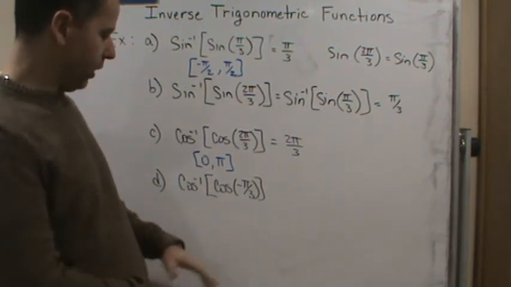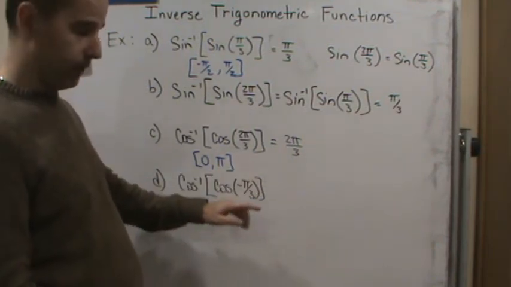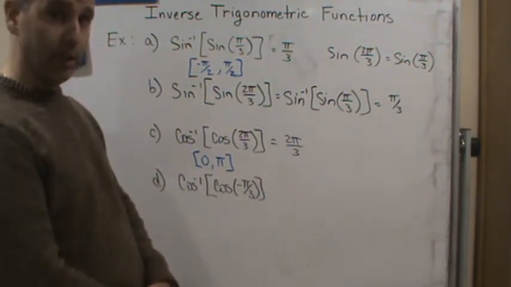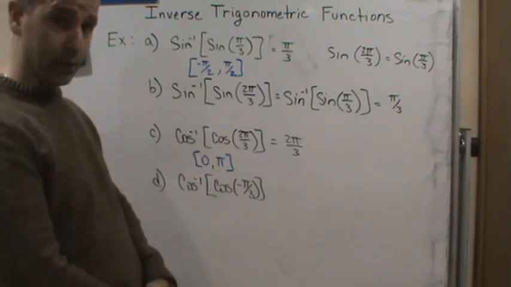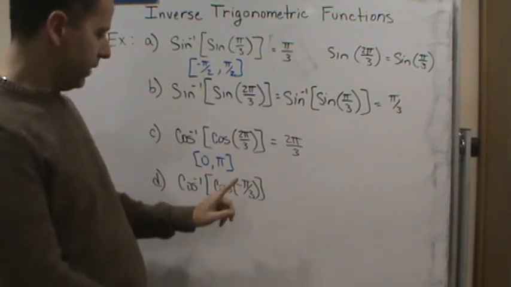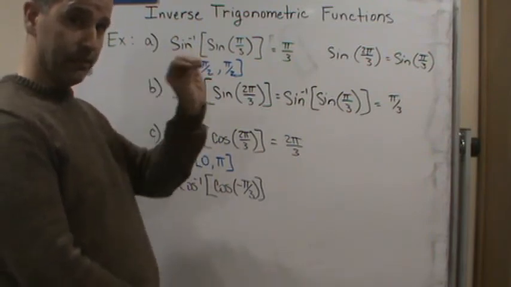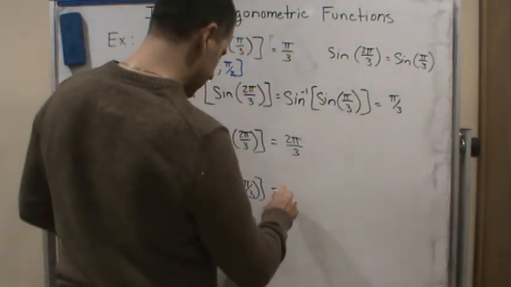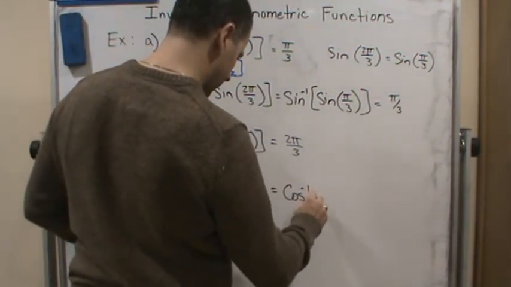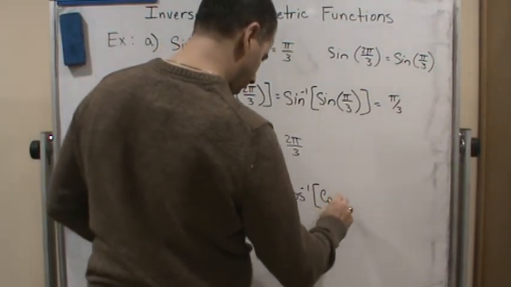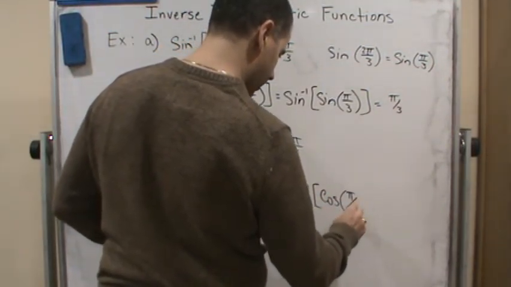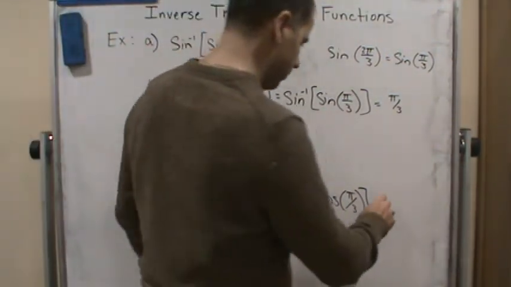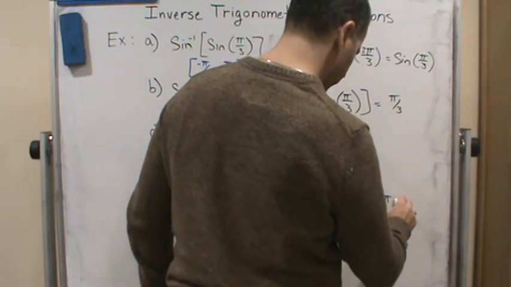Because if you look at the right triangles for the first and 4th quadrant, they give you the same value. Remember, it's adjacent over hypotenuse. So cosine has the same sign in the 1st and 4th quadrant. That means this is going to be equal to cosine inverse of cosine of positive pi over 3, and so this is equal to pi over 3.